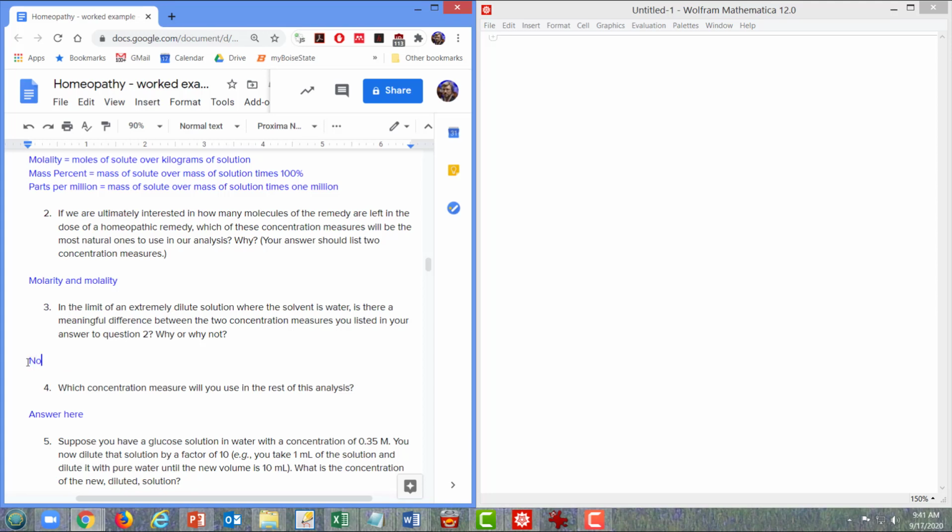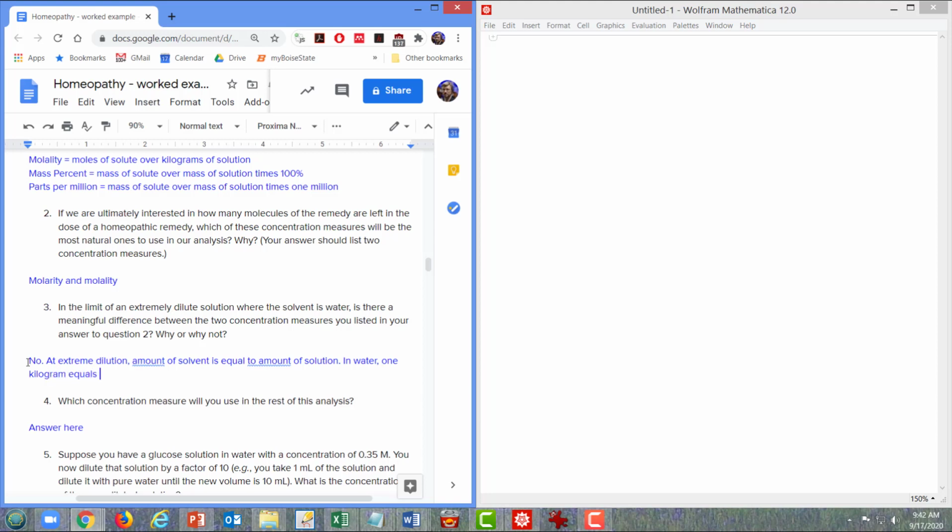So, no, for the reasons I just stated. At extreme dilution, amount of solvent is equal to amount of solution. In water, 1 kilogram equals 1 liter.